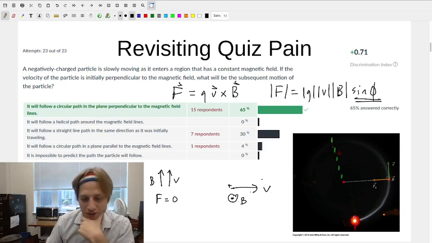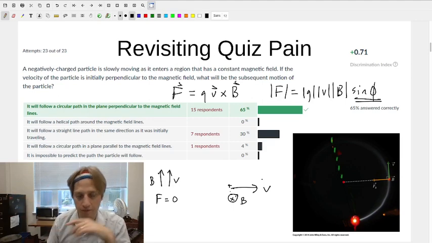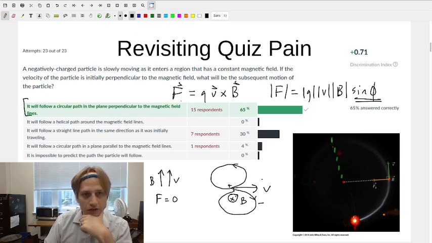Let me draw it so it's consistent with the picture here. B is into the page. If I had a plus charge, V cross B would give me F. So my plus charge would be going around in this direction. My minus charge would be going around the other direction. Okay, so in that case, we would get motion that would follow a circular path in the magnetic field.